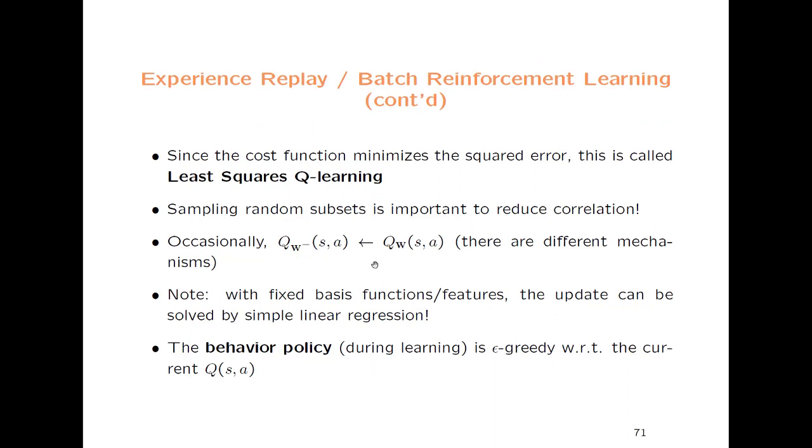Now we can do it in one big step to learn the parameters. There's simple linear regression, maybe in high dimensions, so you might still want to do stochastic gradient descent, but you might already have the feeling that this is quite nice and stable. The behavior policy during learning is also epsilon greedy with respect to the current Q function.